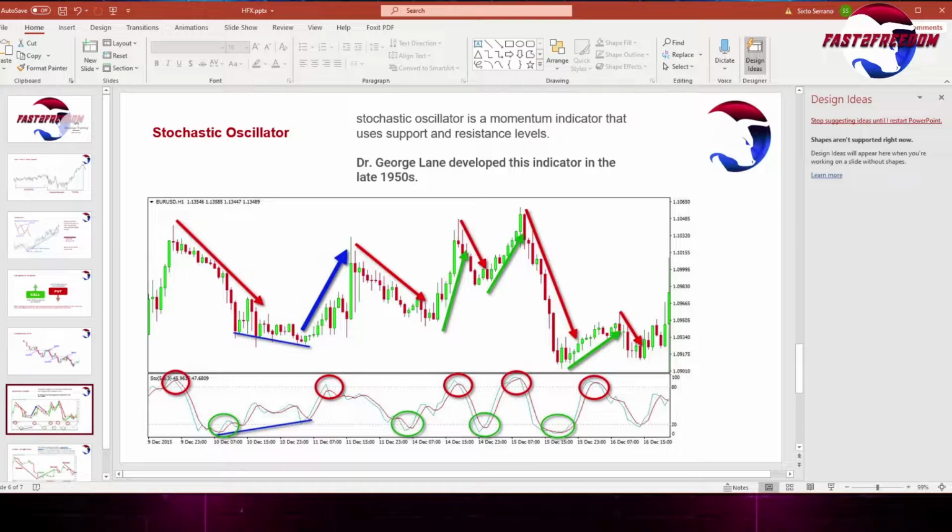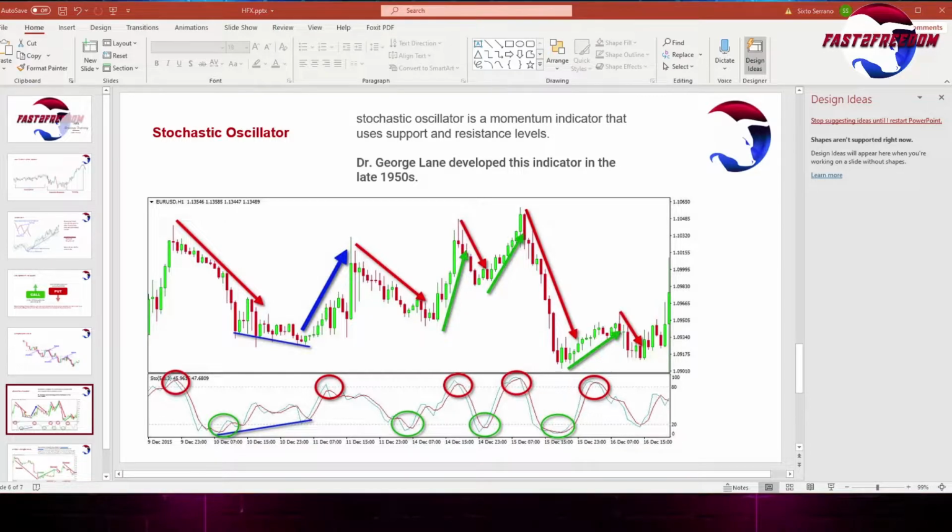Be prepared for what's to come. Okay, and that's as a trader, once you start developing those habits when you're looking at the stochastics or any of your indicators, once you learn how to use them correctly, you'll know what to look for.